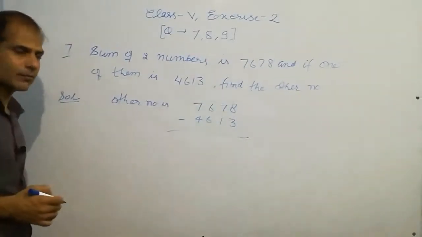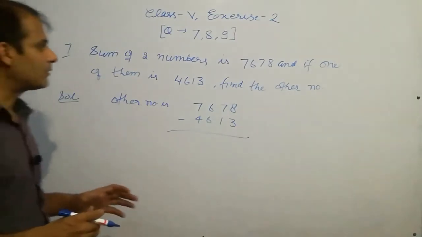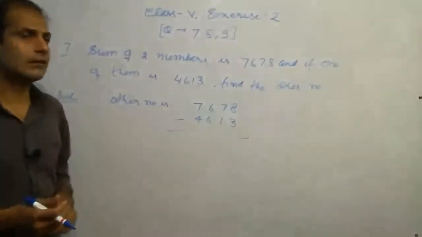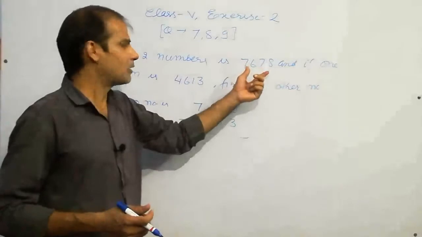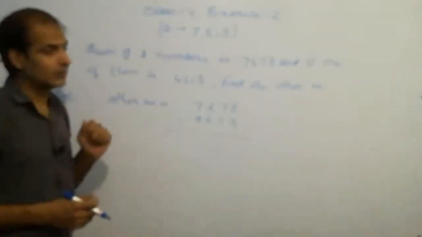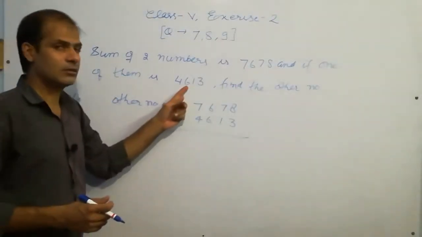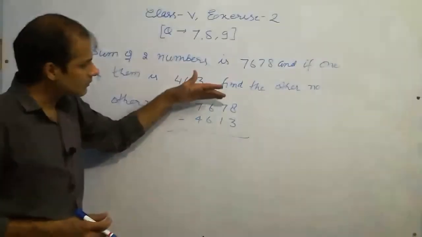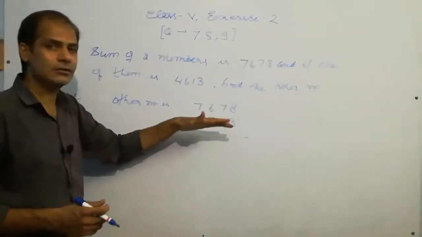In this way you will do subtraction, and keep in mind that it is minuend, it is subtrahend. This is bigger, this is smaller. So the bigger number is written upside, the smaller downside.